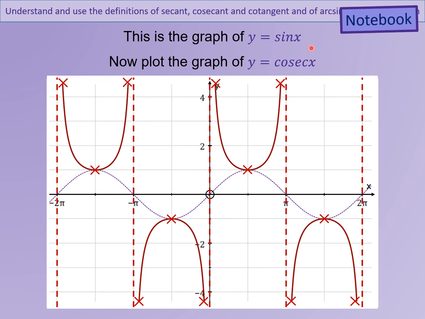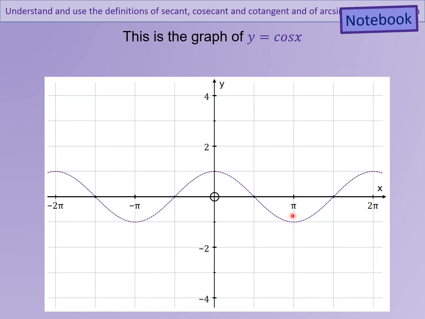But sine x can't equal 2 because sine x is restricted between minus 1 and 1. So you're never going to get a value in here because you're never going to get a value of sine x bigger than 1 or smaller than minus 1. That graph, I apologise, you need to make sure you sketch it down in your notebooks.